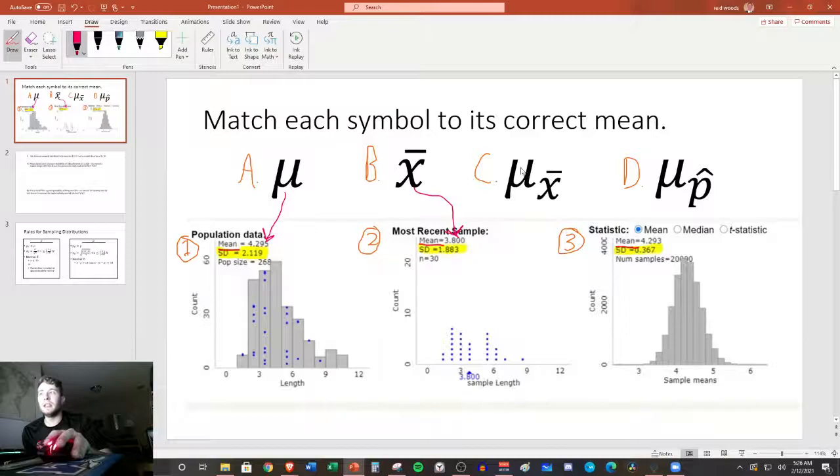Next, C goes with the last one, okay? This is the mean of the sampling distribution. So this is important here. This is the mean of the sampling distribution of X bar, okay? So this is the mean of sample means.